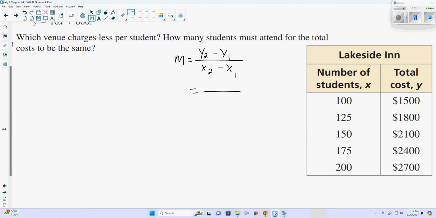Y'all can pick one. 1800. And its corresponding x would be 125. Now we need to pick another one, it doesn't matter which, as long as it's not 1800. 2400, over 175.